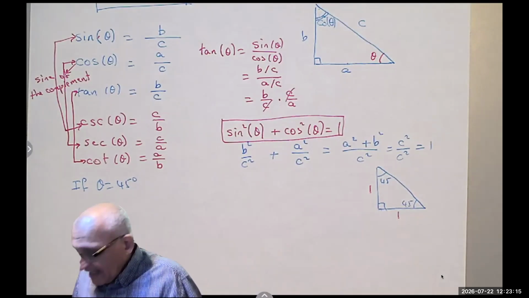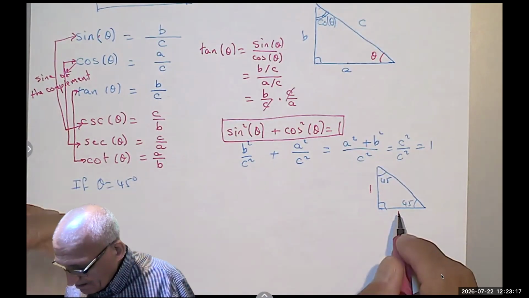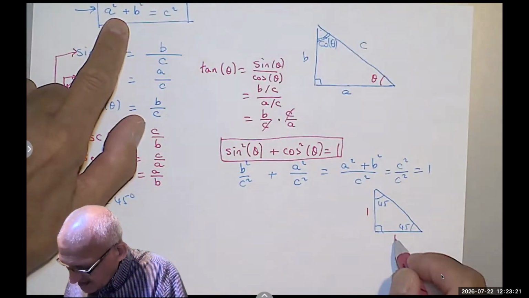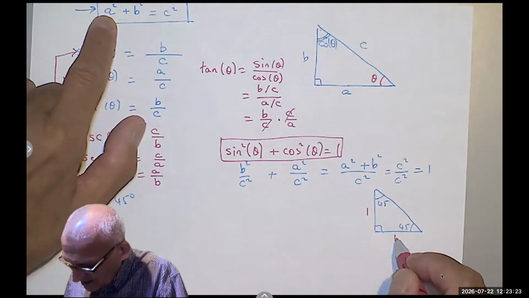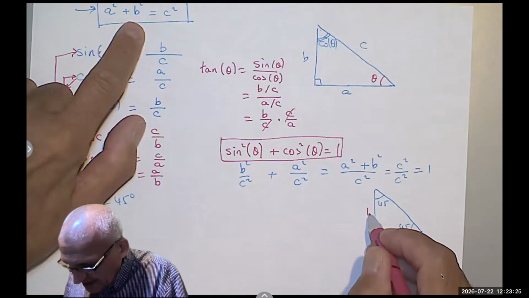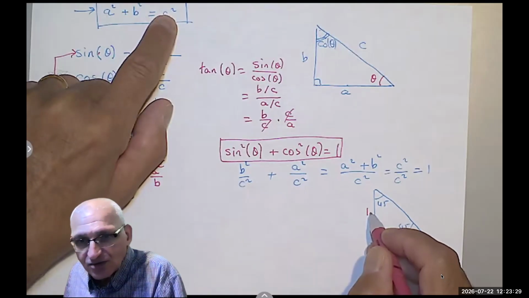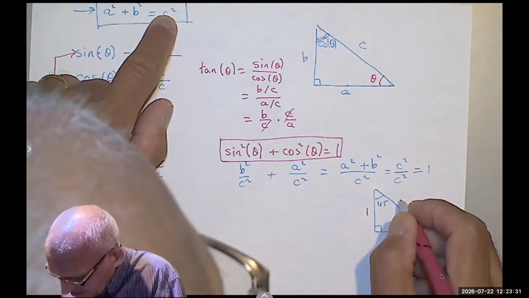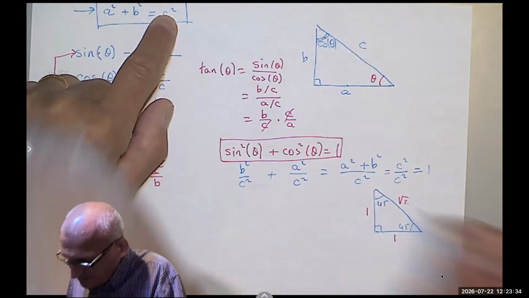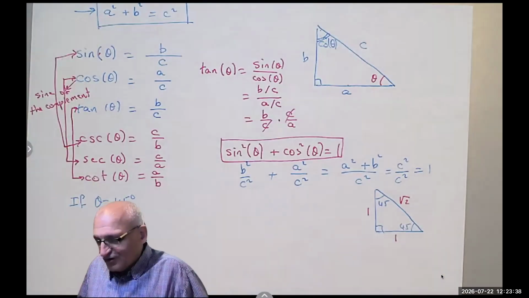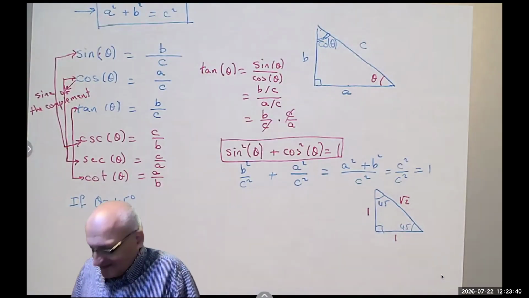Using the Pythagorean theorem, 1 squared is 1, plus 1 squared is another 1, so I get 2. C squared is 2, meaning the square root of c squared, which is c, is the square root of 2. And now I know these 6 values for an angle of 45 degrees.